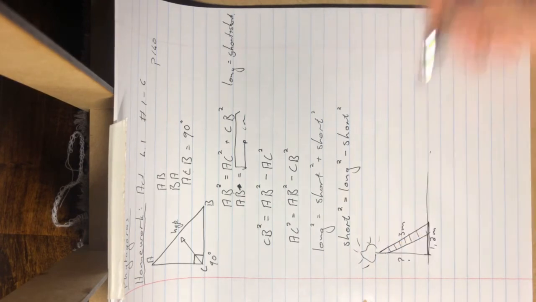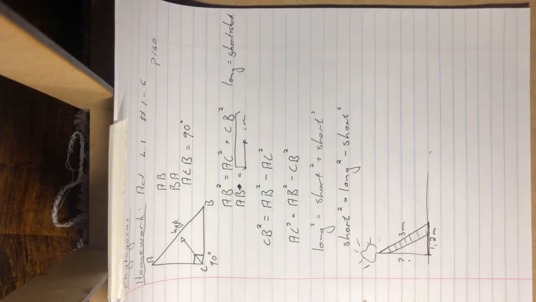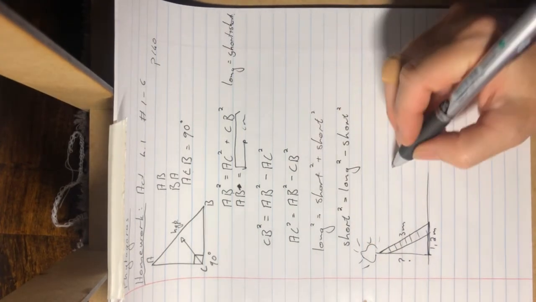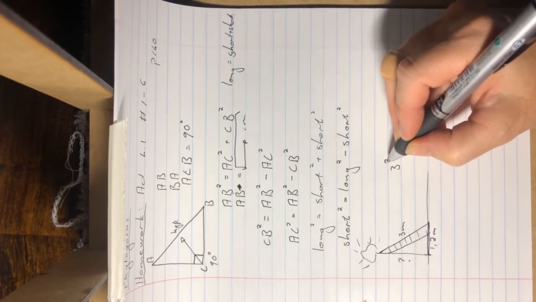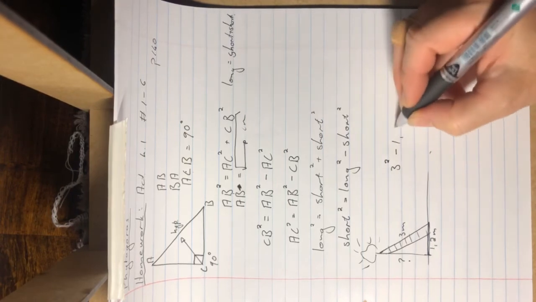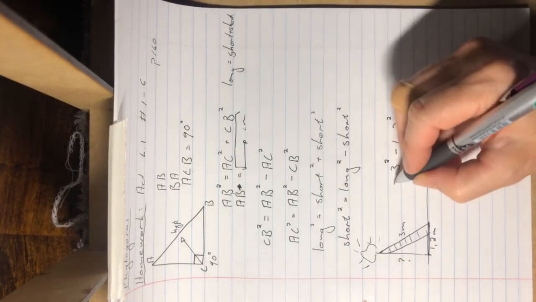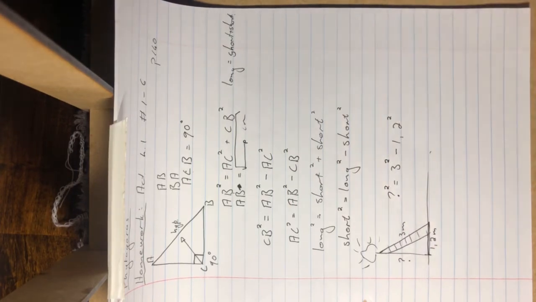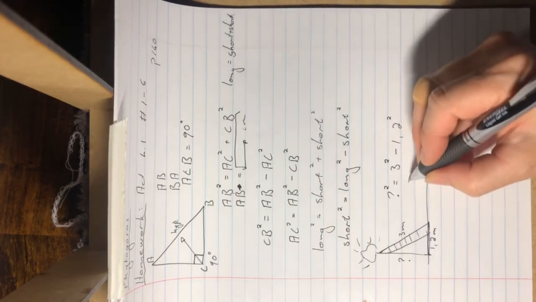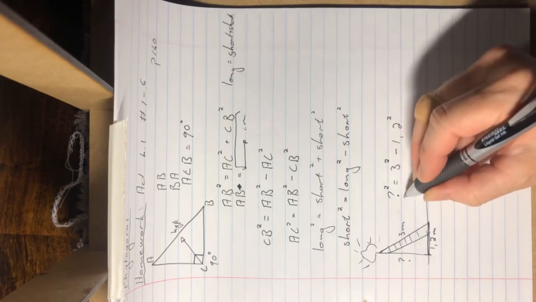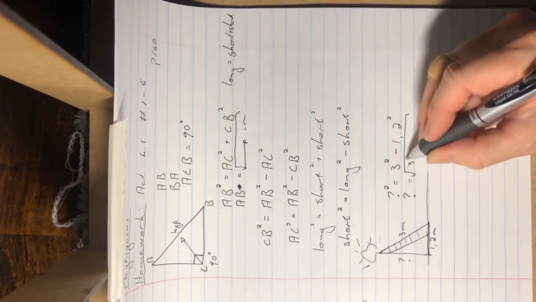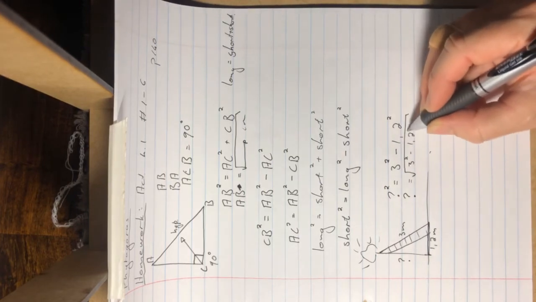I would like to know what is the highest point on the lamppost I would be able to reach. Now I've got my long one, so it's my 3 meters squared minus my 1,2 meters squared, and that is going to be the square of what is in question. I don't know what that answer is, but then please remember to change that, and that's going to be 3 squared minus 1,2 squared.